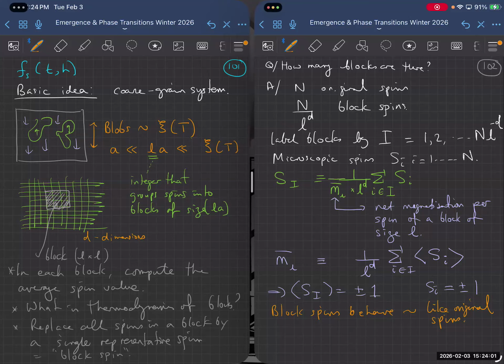Okay, so then the question you would want to ask is, what is the effective Hamiltonian that governs the block spins?